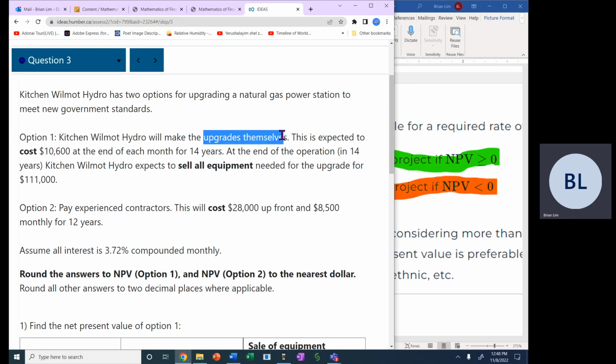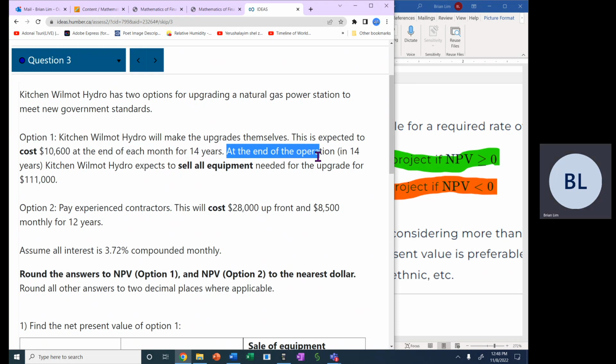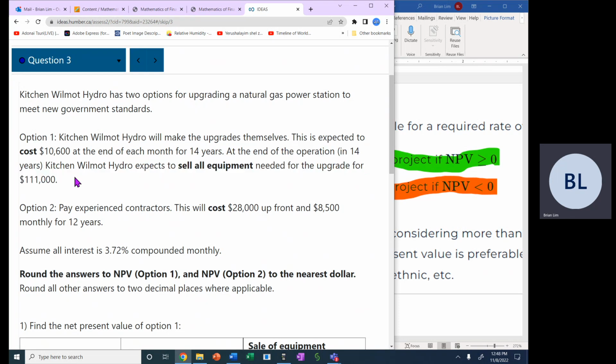Yes, do it yourself, DIY. This is expected to cost $10,600 at the end of each month for 14 years. At the end of the operation, Kitchener Wilmot Hydro expects to sell all the equipment needed for the upgrade for $111,000. So that is the first option.